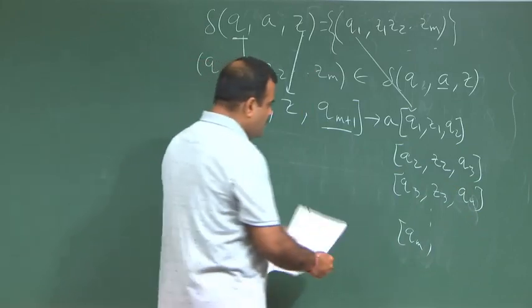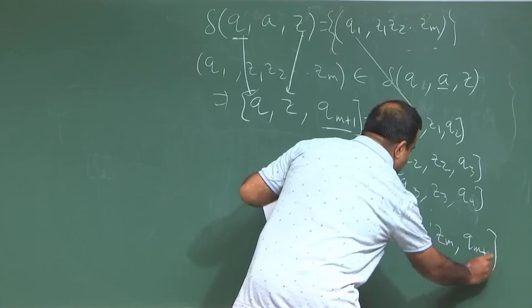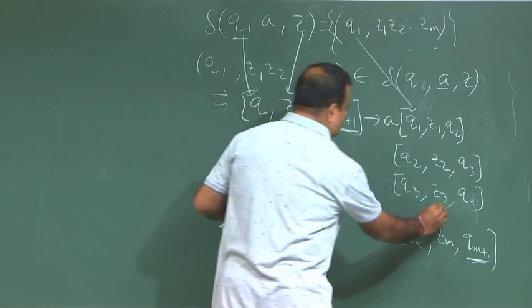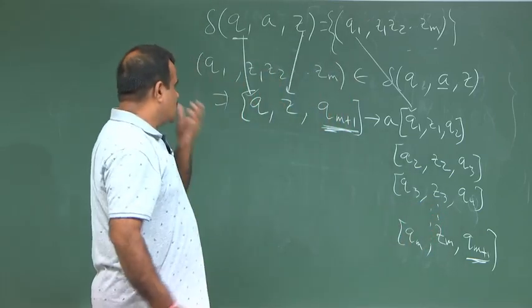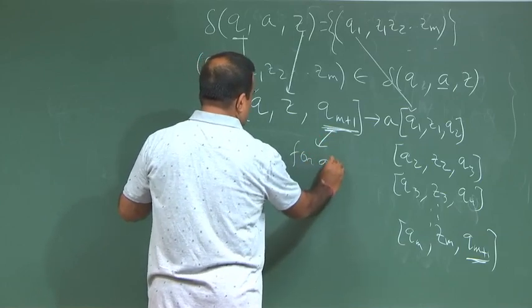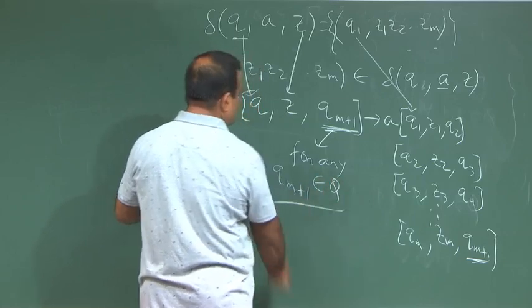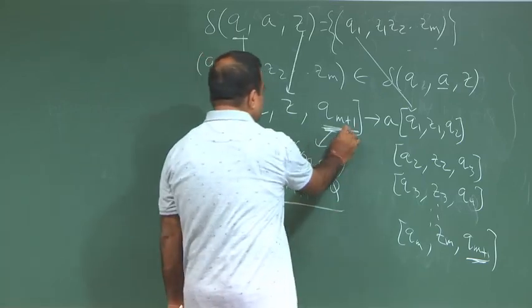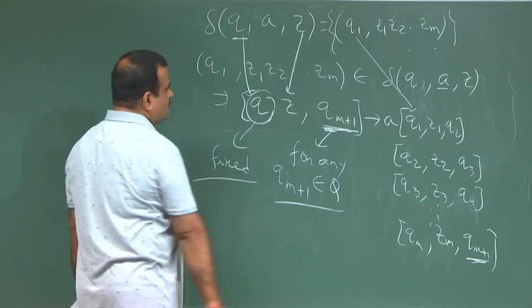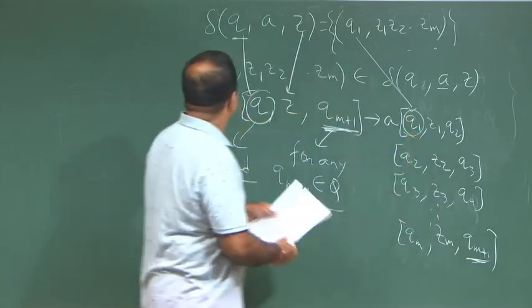So, then Q m, Z m and Q m plus 1; this Q m plus 1 and this Q m plus 1 are the same, like this. Dot dot dot, these are the productions we have. We have a choice here: these are fixed, this is fixed and this one is fixed, these two are coming from these rules.